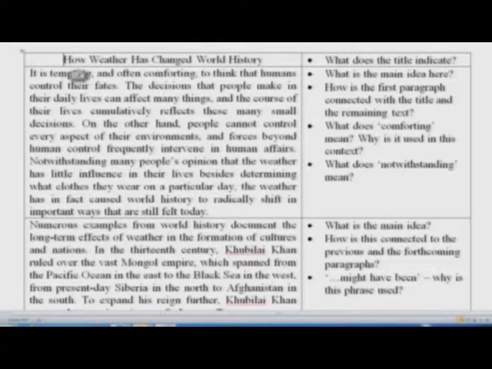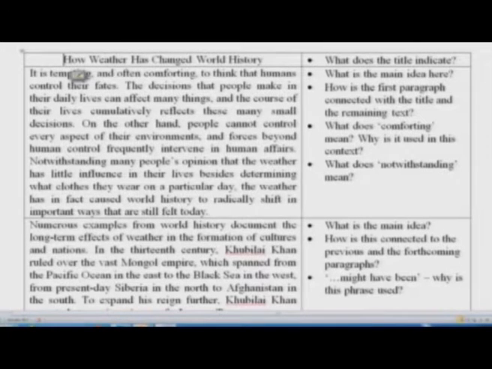It is tempting and often comforting to think that humans control their fates. The decisions that people make in their daily lives can affect many things, and the course of their lives cumulatively reflects these many small decisions.